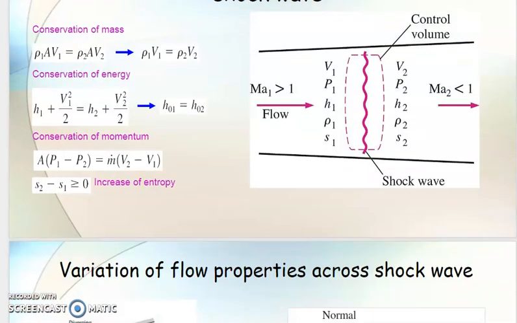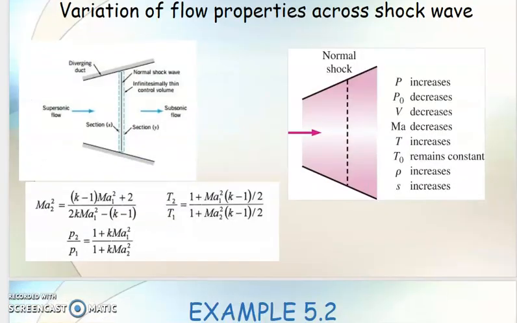Next, we take a look at the other equations that are only valid for the shock. So this is to calculate the Mach number, temperature, and then the pressure. 1 meaning before shock, 2 meaning after shock. So for example, if you want to determine the Mach number after shock, okay, if you have the value of Mach number before shock, you just use this equation.